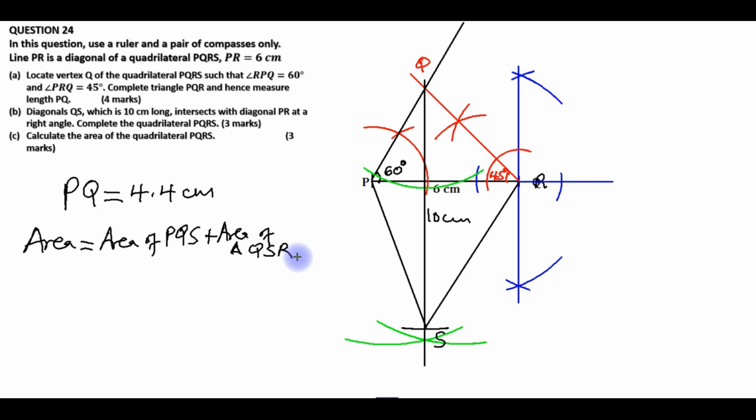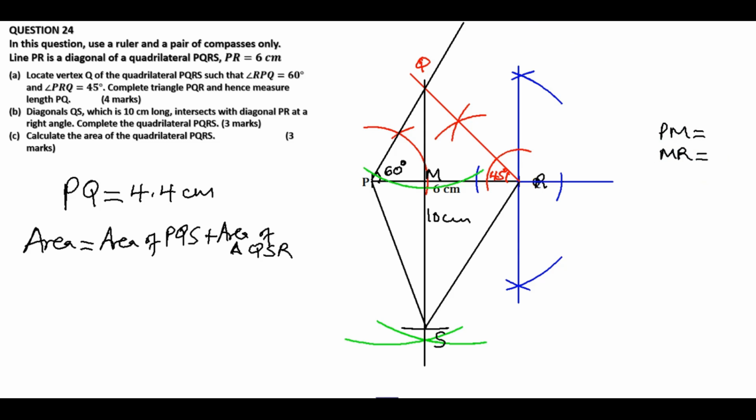So the only thing we need to know, from the perpendicular bisector QS, let us say it is cutting at M. So what will be the value of PM and also the value of MR?